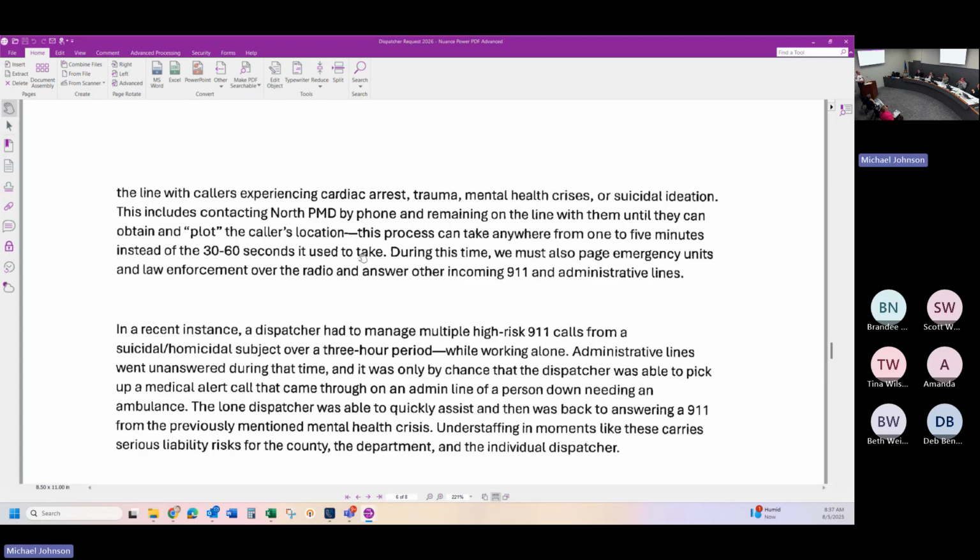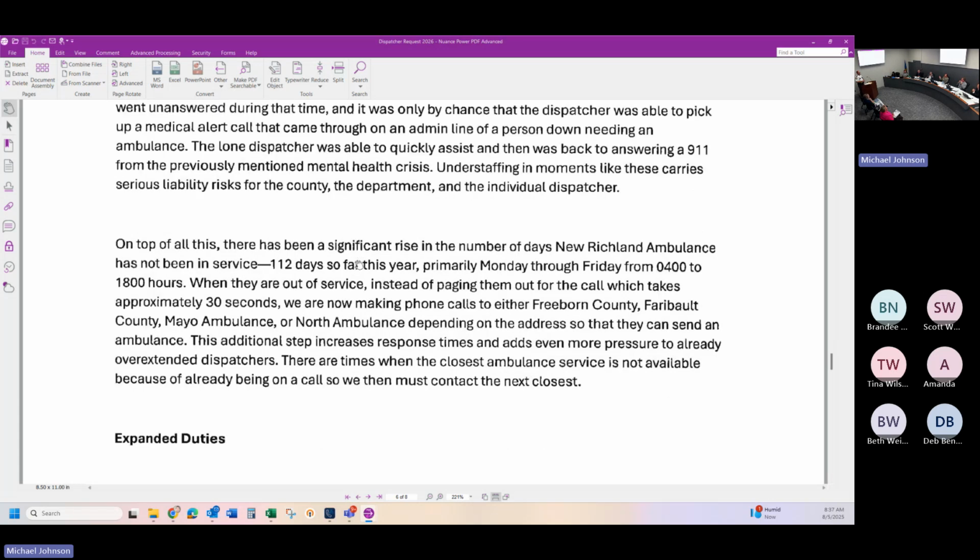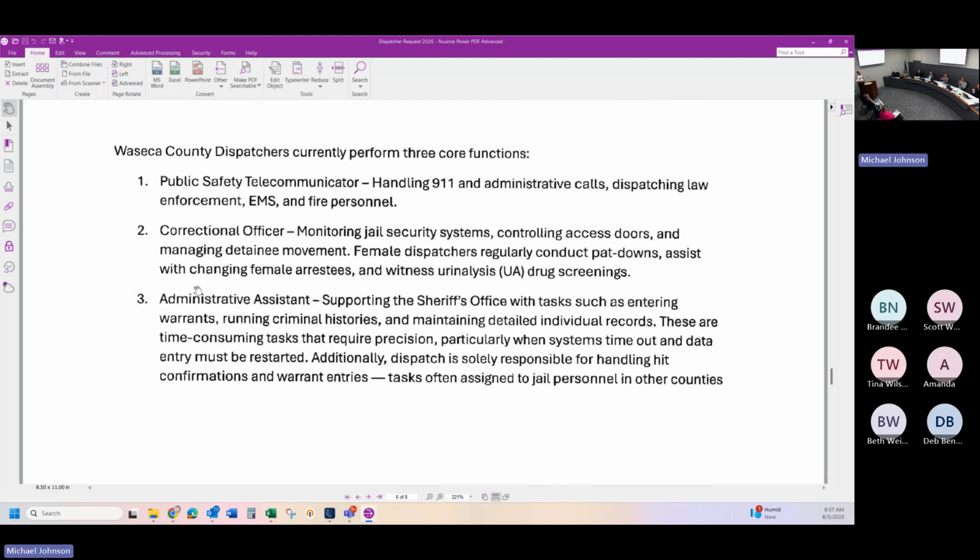So I'm sorry, I've got 1 question: are our part-time dispatchers scheduled in, or are they fill-ins for vacations or different things? Or do they have a schedule?